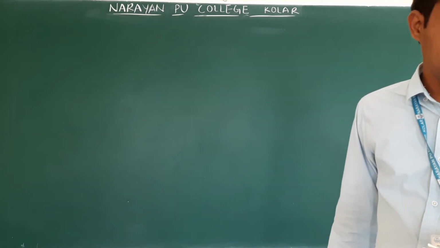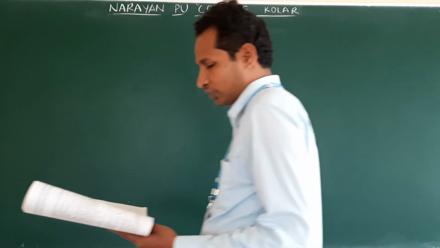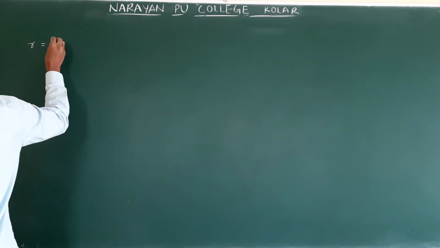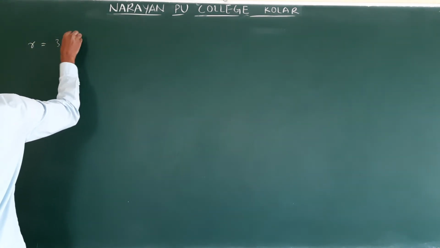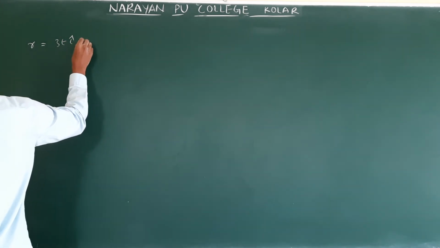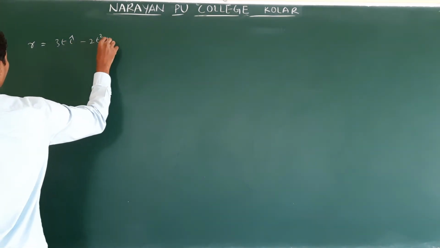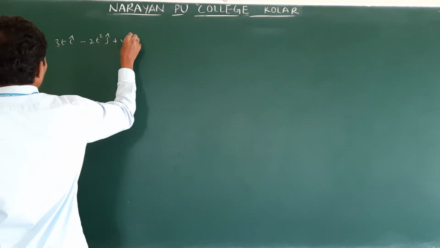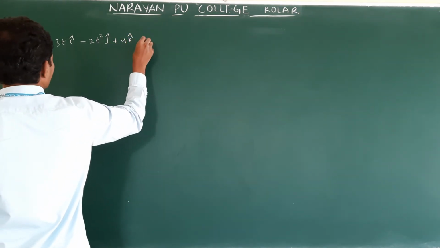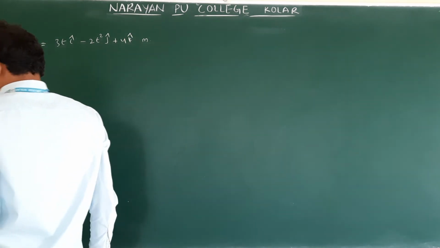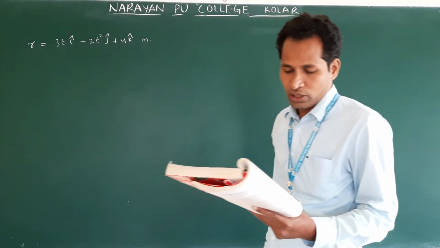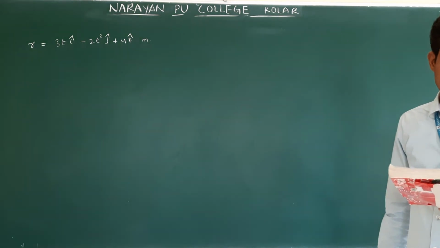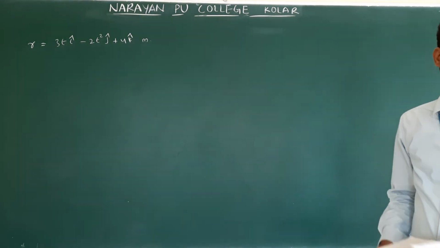Next, 20. Position of a projectile is given. R is equal to 3t i cap minus 2t square j cap plus 4 k cap meters. They have given 3.0 t i cap minus 2.0 t square j cap plus 4.0 k cap.